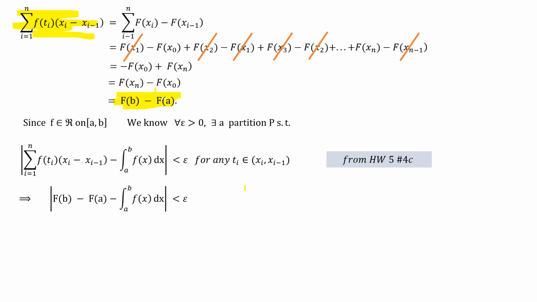And since both of these are less than epsilon, then we can conclude that this must equal that, and that is exactly what we wanted to prove in this problem. So the integral from a to b of f of x dx must be equal to F of b minus F of a. And that's the end.